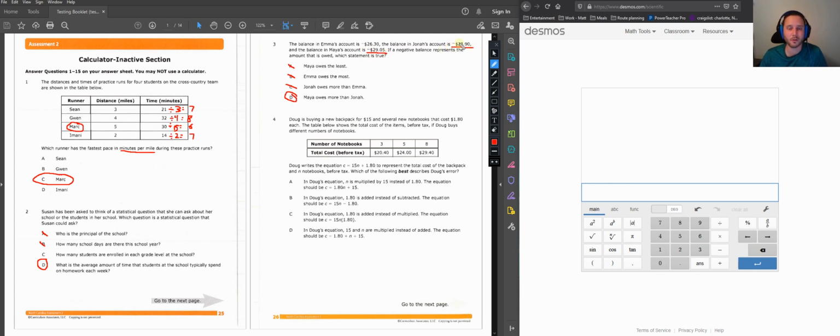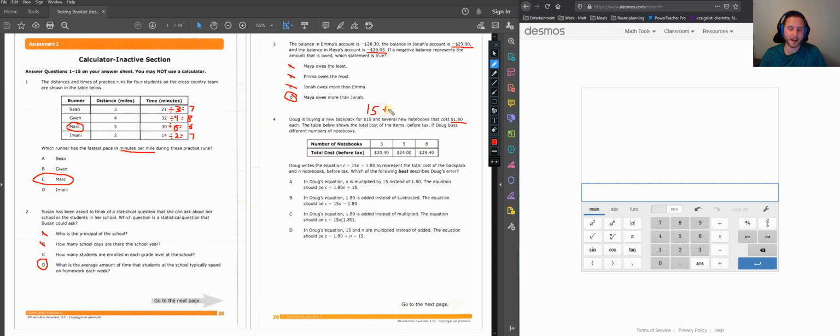Jonah only about $23. For number 4, it says Doug is buying a new backpack for $15, several new notebooks for $1.80 each, and then it shows us his table. Okay, so it looks like we're spending $15, so $15 is constant, and then $1.80 for each notebook.